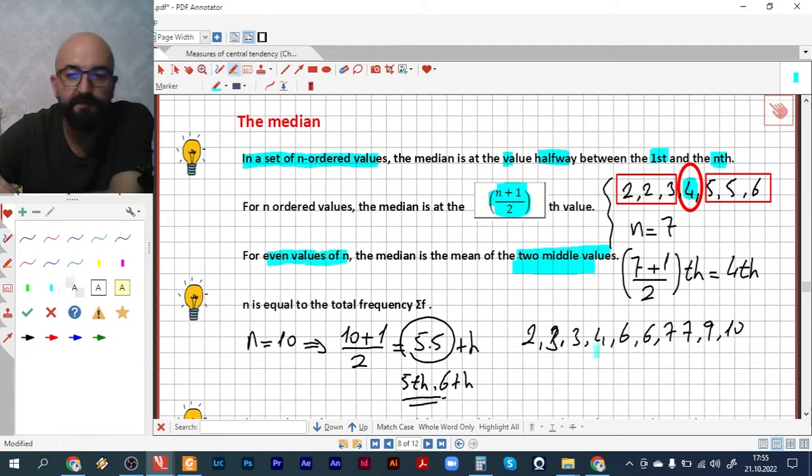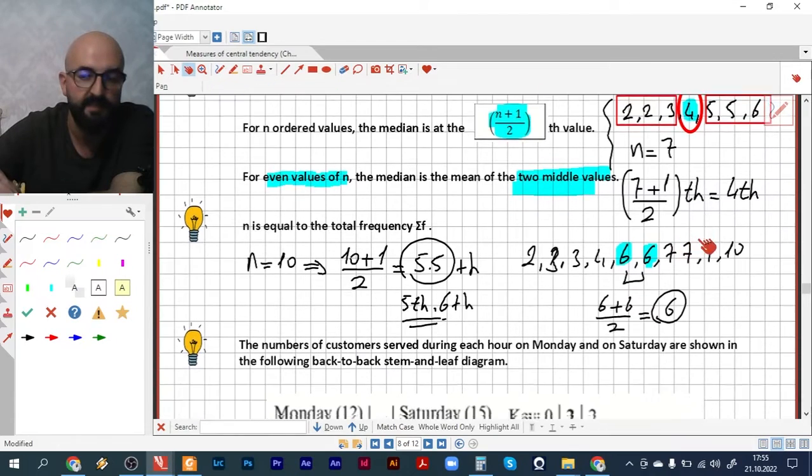The 5th value is 6, and the 6th value is also 6, so our median is 6 plus 6 over 2, so our median is 6.